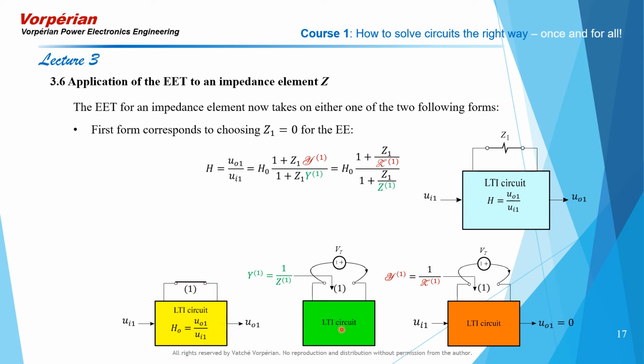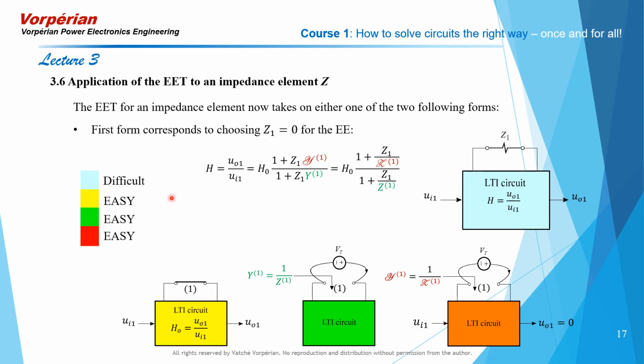Each one of these three calculations is simpler than the original circuit because they don't contain the troublemaking element Z1. That's why the application of the extra element theorem, by breaking it down into three components, three separate calculations, makes the algebra of the computation of the transfer function much easier.